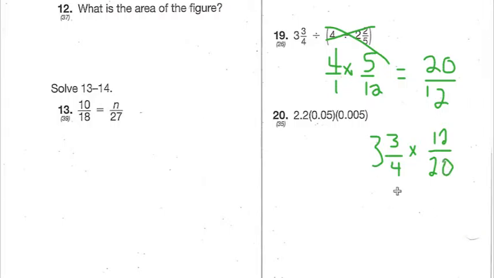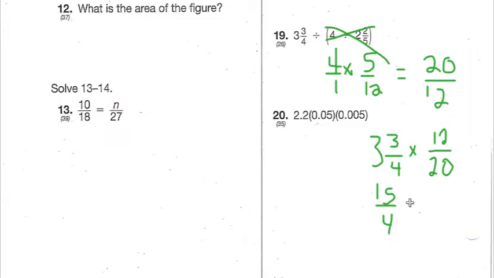Again, it's going to be easier if we can just multiply straight across, so let's make this an improper fraction also. 4 times 3 is 12, plus 3 is 15. We keep the same denominator, 15 over 4. And that makes sense because inside of this you have 4 three times, which is 12, and then 3 left over. 12 plus 3 is 15.